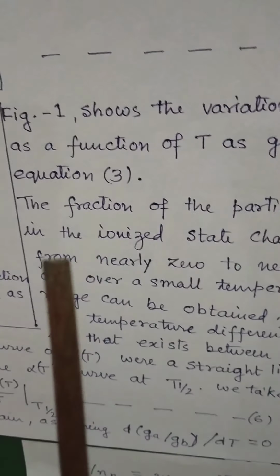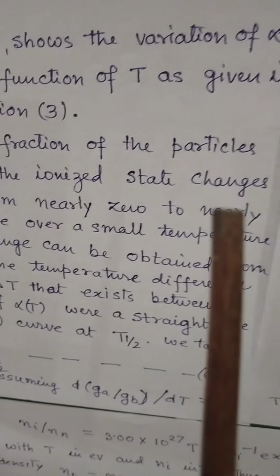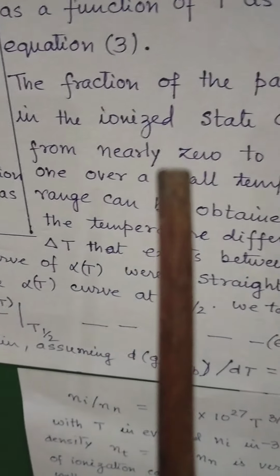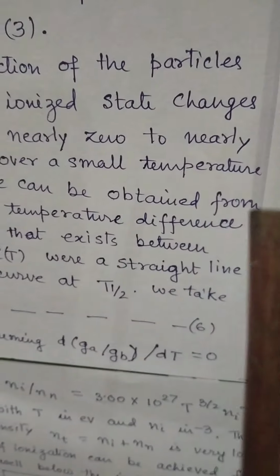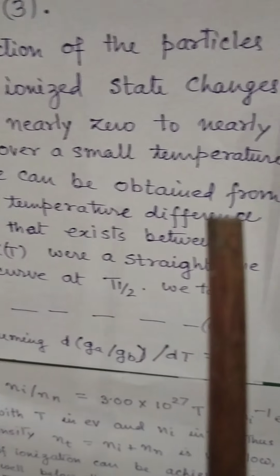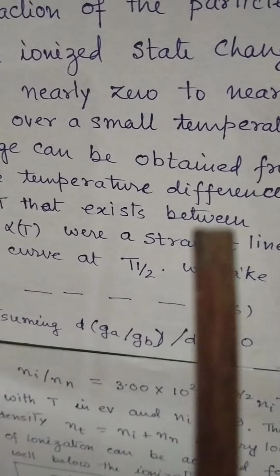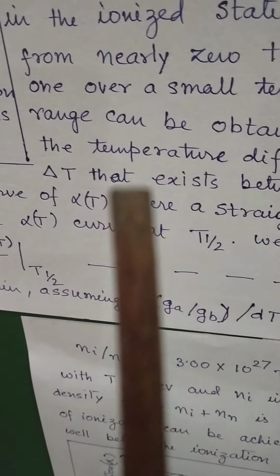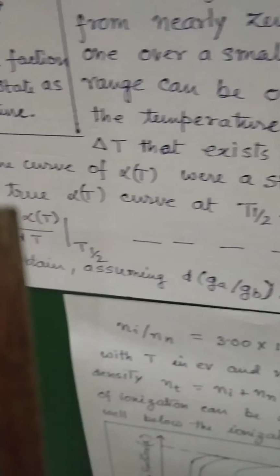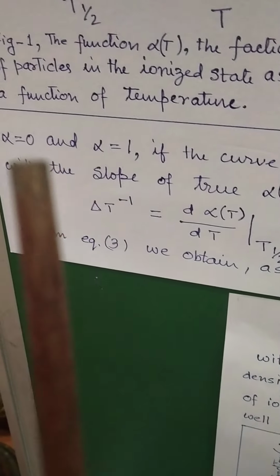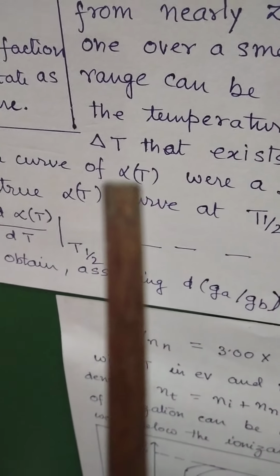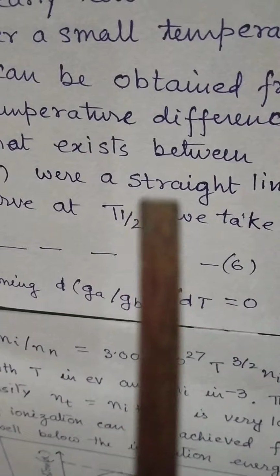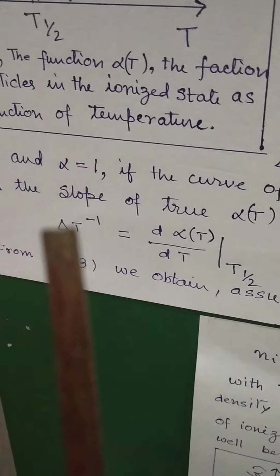Now, the fraction of the particles in the ionized state changes from nearly 0 to nearly 1 over a small temperature range, which can be obtained from the temperature difference delta T that exists between alpha equal to 0 and alpha equal to 1 if the alpha T curve were a straight line.